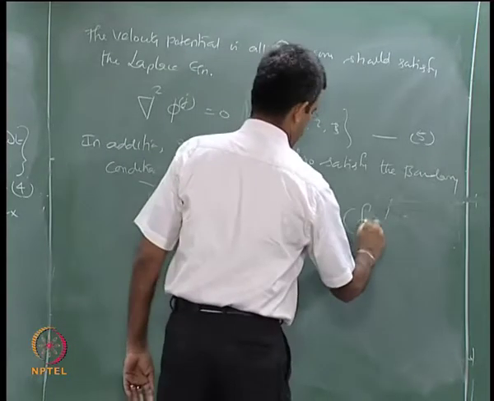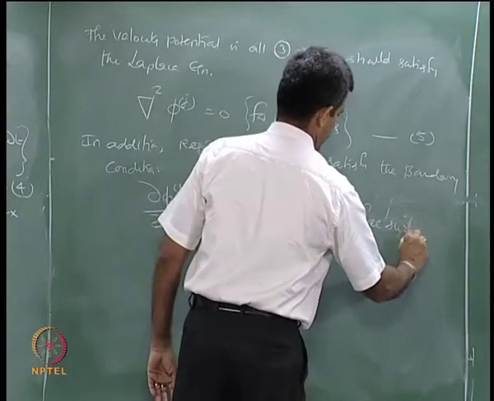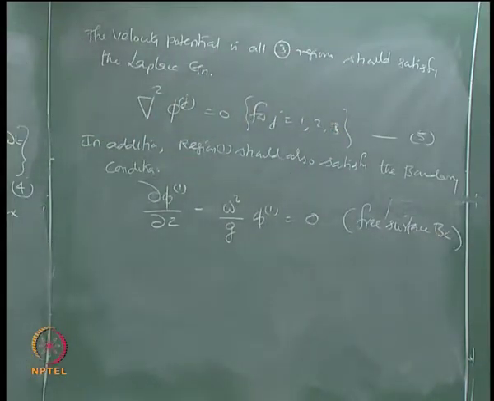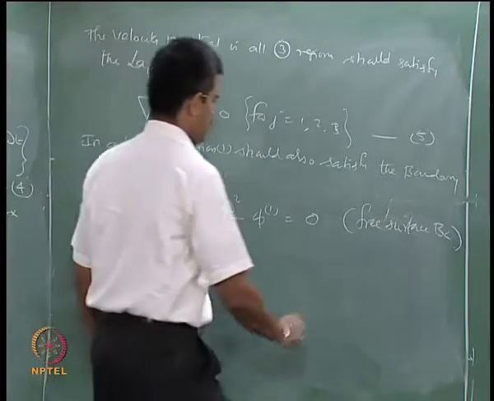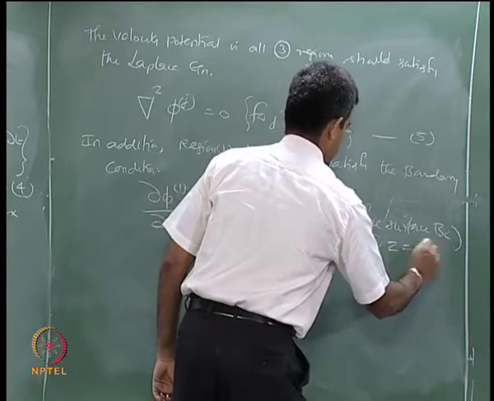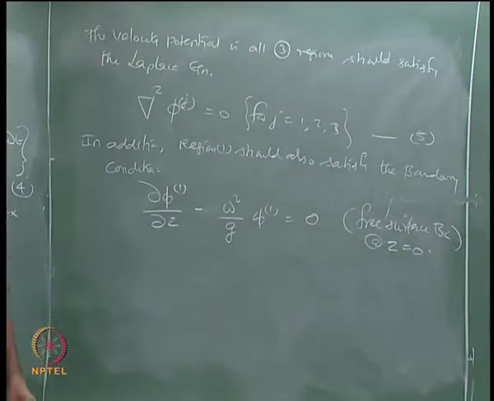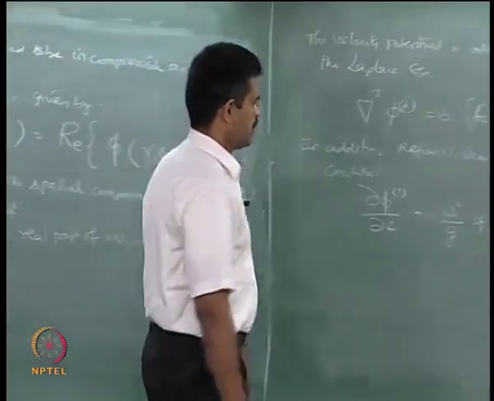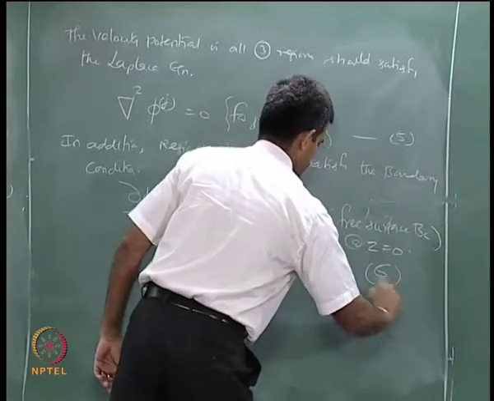This is a free surface boundary condition. Therefore, I should say this should be satisfied at z equals 0. Z is measured from the MSL. Call this equation number 6.